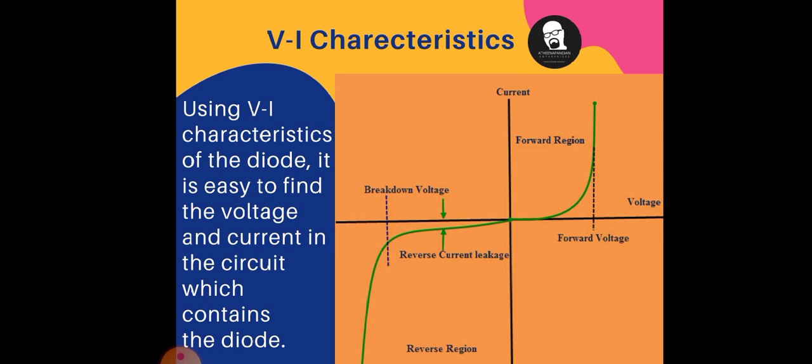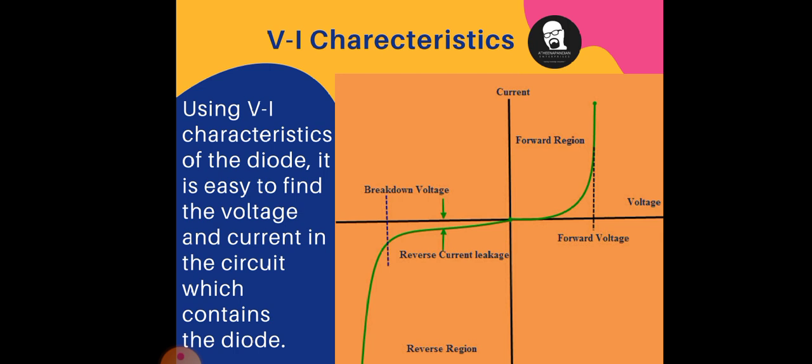At some voltage, the current flowing through the junction is very high. That voltage is called the forward voltage. You can see the dotted line shown over there. So at some forward voltage point, the current will increase very rapidly, and it will reach a maximum peak, which is called the forward voltage.